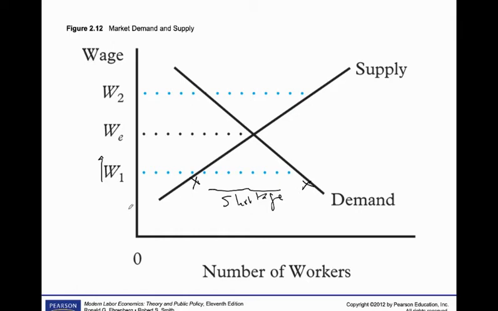This upward pressure on the wage rate would slowly reduce the shortage of labor in the market, and the adjustment in the wage rate would settle at WE. Slowly the adjustment will take place. This is one case of how the invisible hand process takes place in the economy.